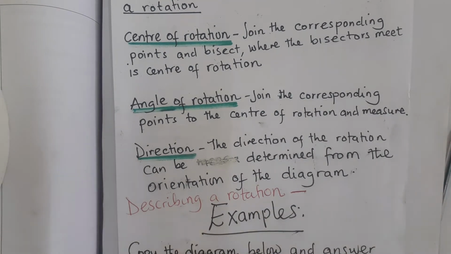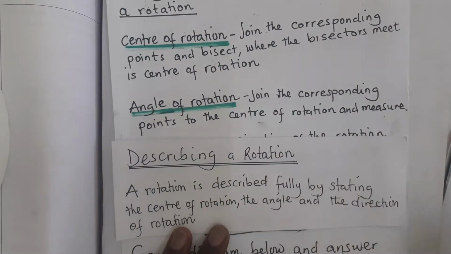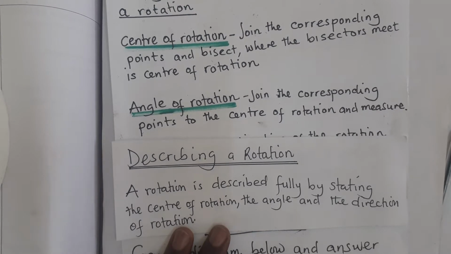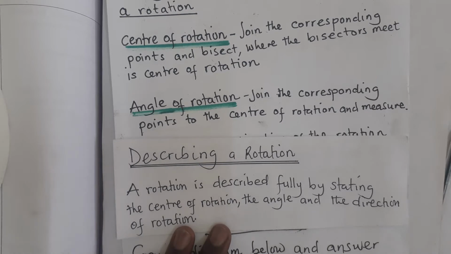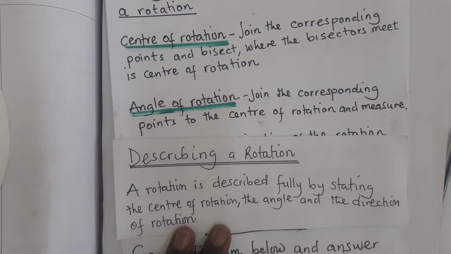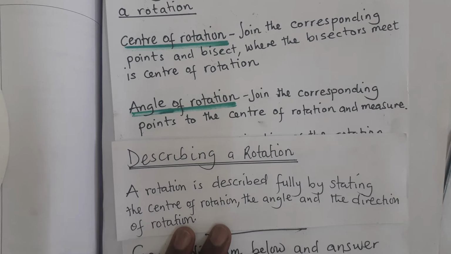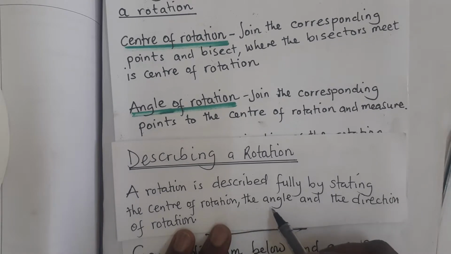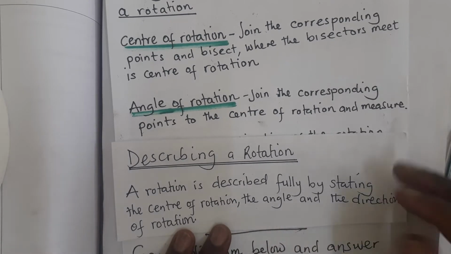Describing a rotation, I have told you that when the question says describe fully the transformation, and the transformation is rotation, you need to state the center of rotation, the angle, and the direction.